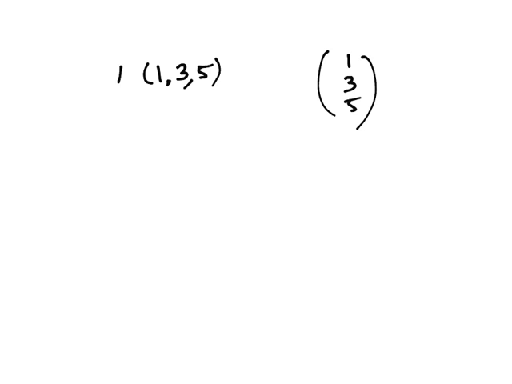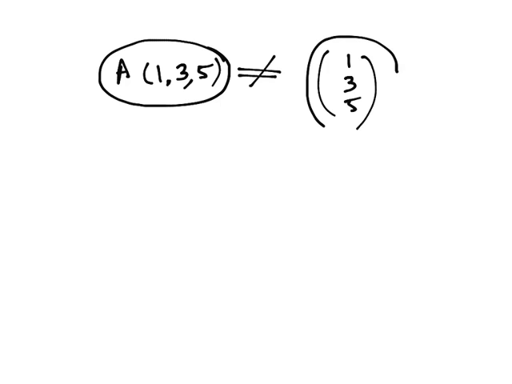The first represents the coordinates of a point A in space. Now this is actually a vector, the position vector of this point from the origin. So please don't confuse both. They are completely different.